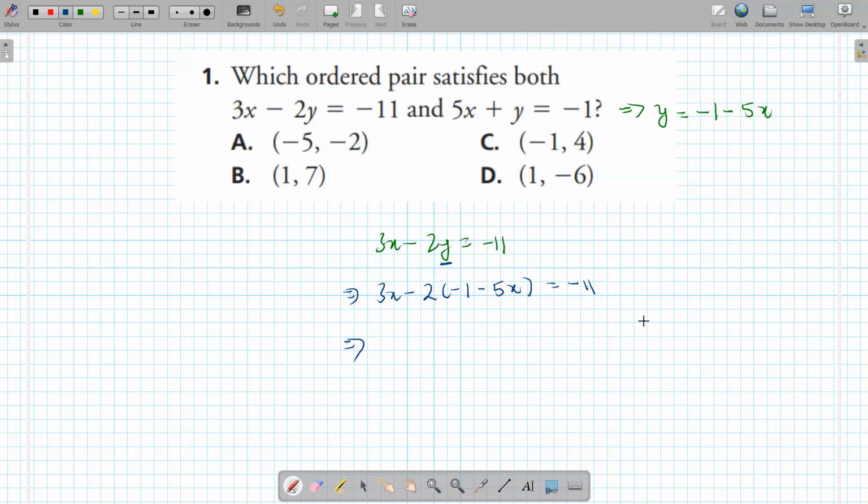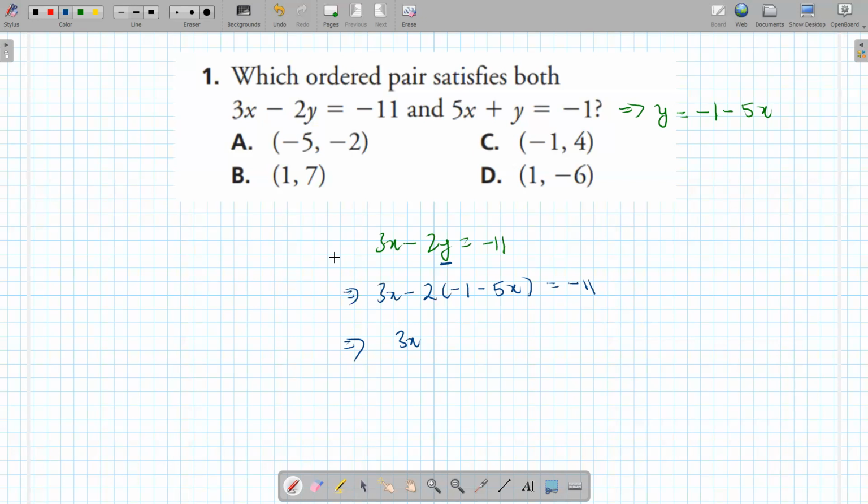There's only one thing you can do. Open the bracket. If you open the bracket, what do you get? -3x plus 15x squared.